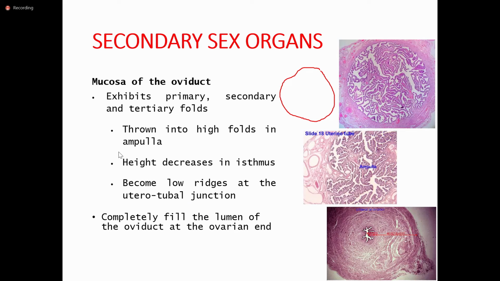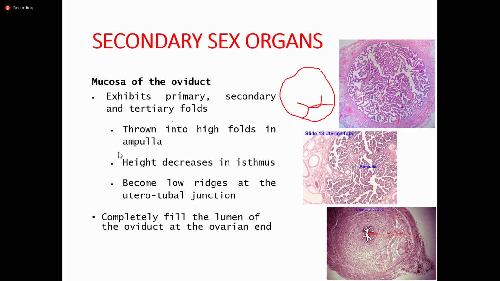Kapag sinabi natin primary fold, ito yung pinakaunang fold na nag-occur mula sa lumen ng oviduct. Secondary fold happens when the primary fold ay nag-branch pa. That's the secondary fold. And then tertiary naman ay kapag itong secondary fold mo ay nag-branch ulit. So that's the tertiary folds.